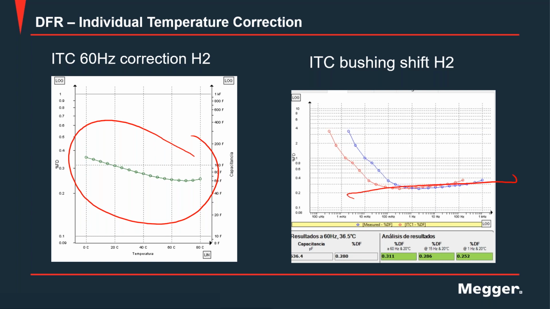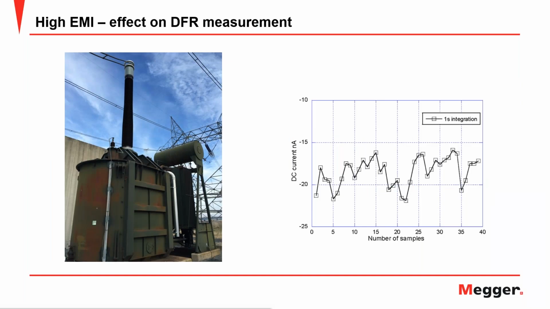So there's minor discrepancy, minor changes when we look into this shifting to higher frequencies or to lower frequencies depending on temperature. And that's the reason why your temperature dependence is almost linear. There's a very little slope in this case. So as I said, it is very important to be able to monitor what is the dielectric response of that specific piece of equipment that you're testing.